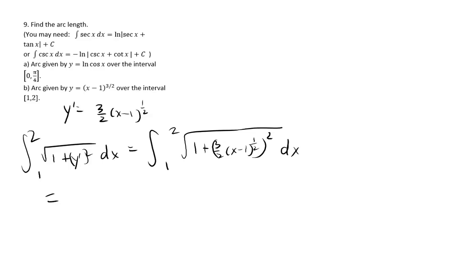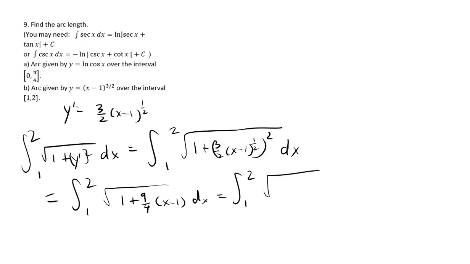and that's going to give me square root of 1 plus 9 over 4 x minus 1 dx, which is the integral from 1 to 2 of square root of 9 over 4 x, then minus, that will be 4 over 4. 4 over 4 minus 9 over 4 is negative 5 over 4.